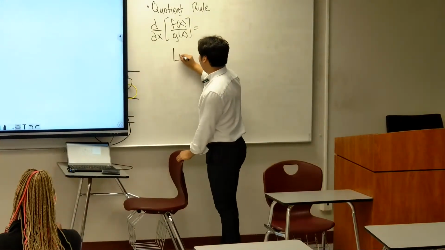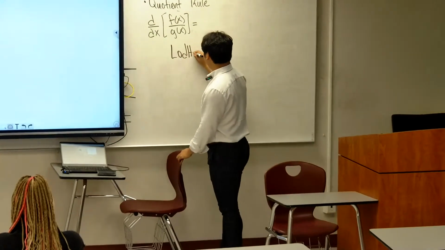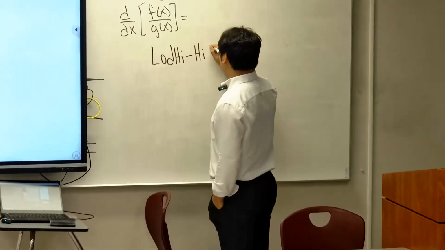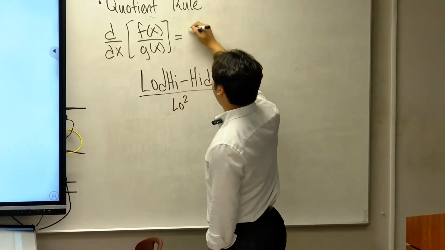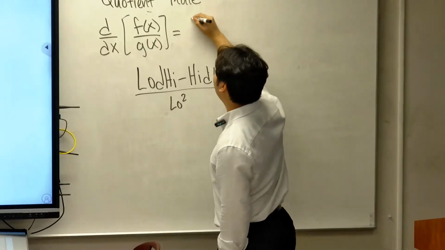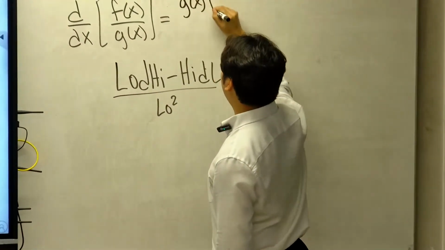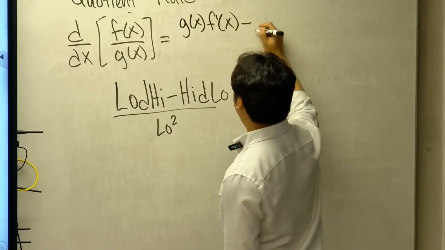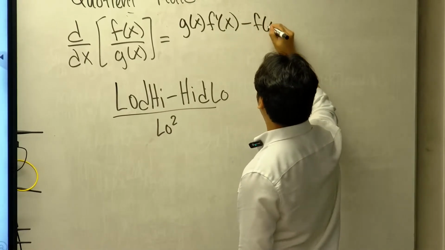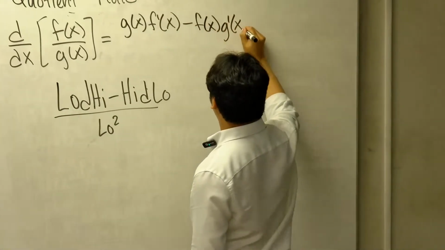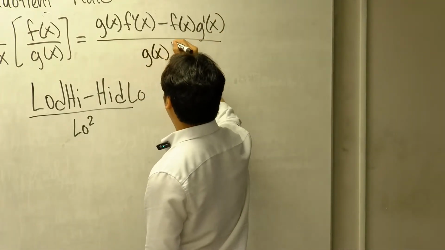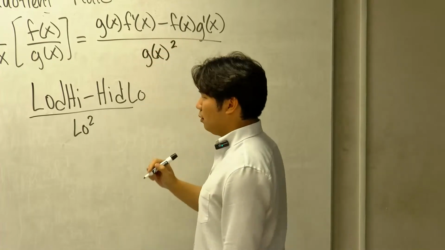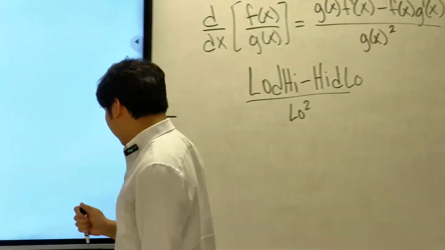So I'm going to write what y'all just told me: low d high minus the high d low all over low squared. Or in terms of f and g, we have g f prime minus f g prime all over g squared. All right, so I have the quotient rule. Great.